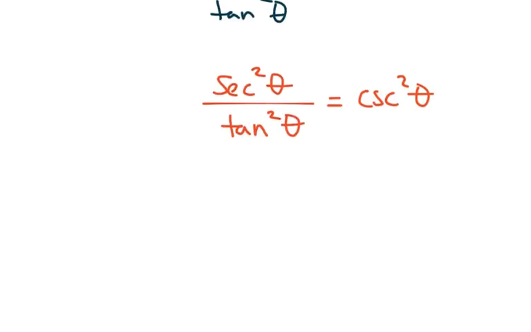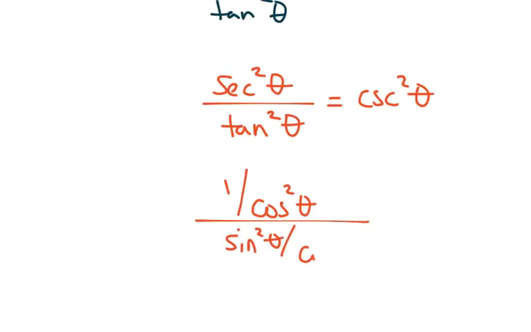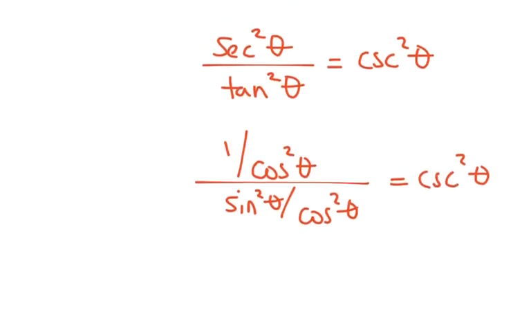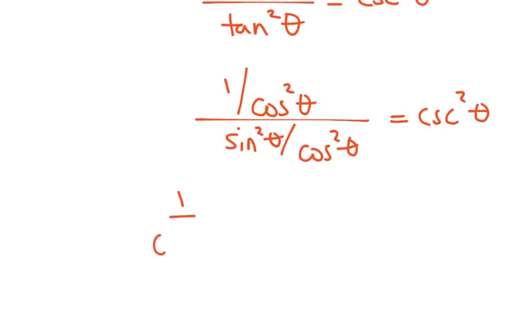And then secant squared is 1 over cosine squared. Tangent squared is sine squared over cosine squared. When you have a fraction within a fraction, you take the fraction in the numerator and multiply it by the reciprocal of the one in the denominator.